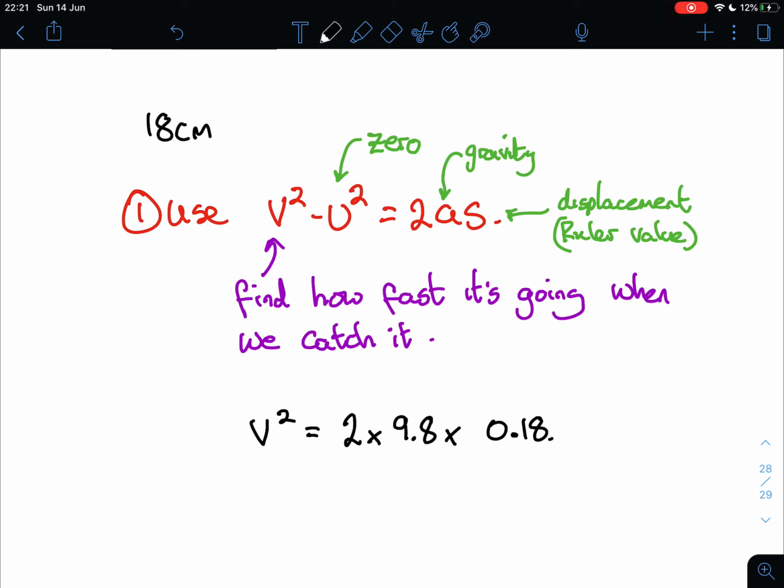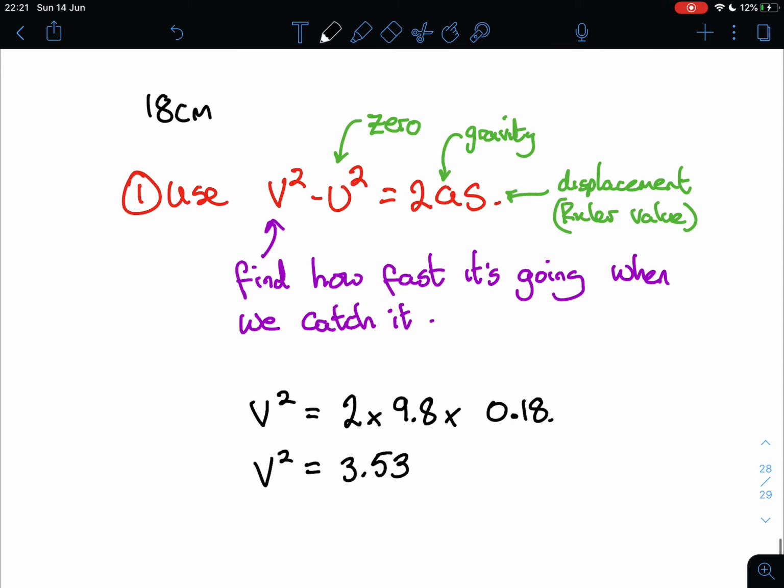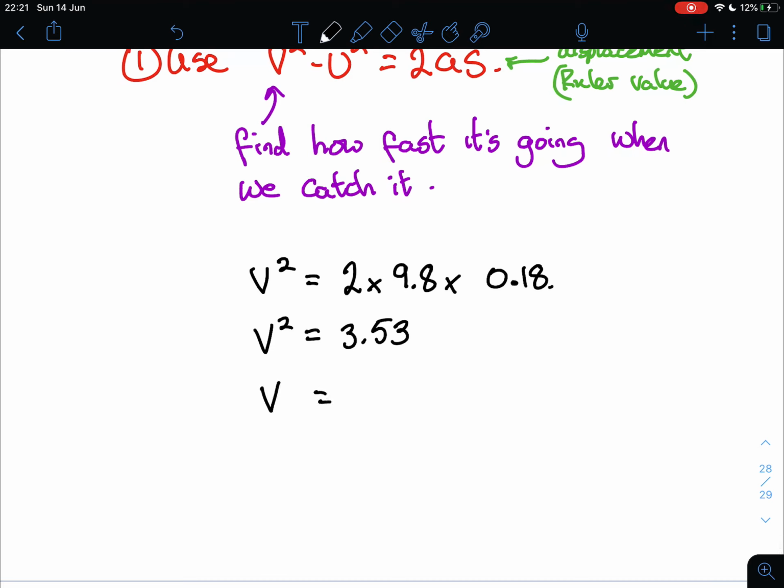2 times 9.8 times 0.18 gives us a velocity squared, v squared, 3.53. So v equals the square root of that answer.